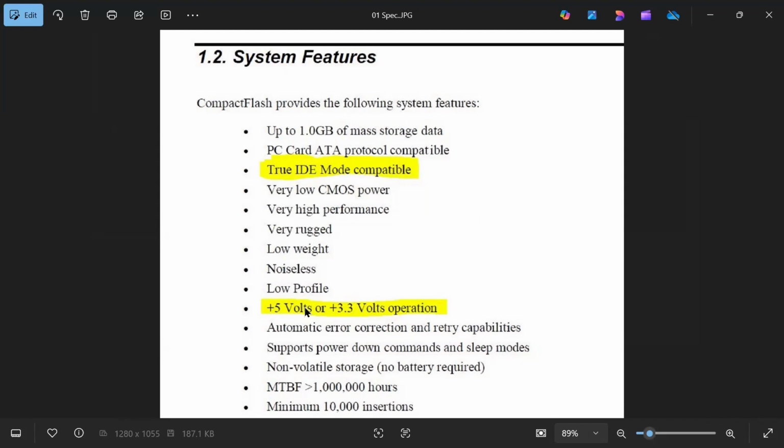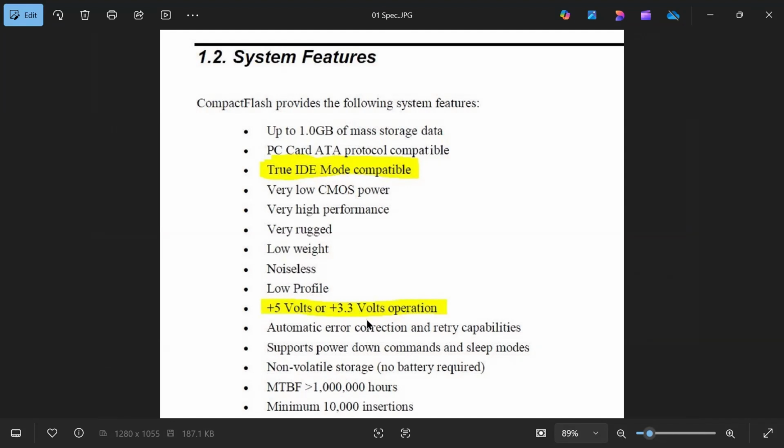Now, another feature that is desirable in the card is it can operate with a 5 volt and 3.3 volt power supply. That unfortunately is going to cause us a problem because of our soft start power supply, where our power supply is going to provide something less than 4 volts for about 200 milliseconds and then switch to 5 volt.